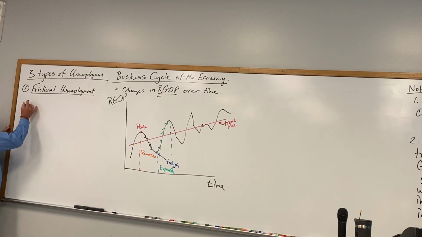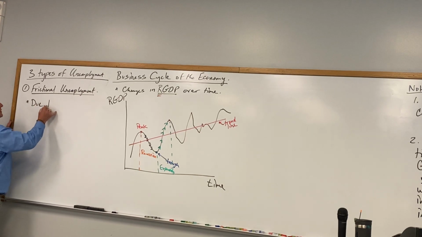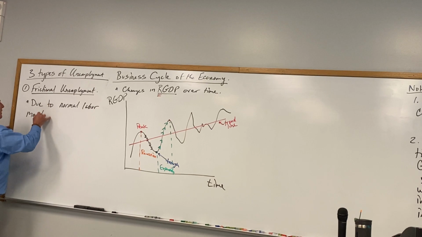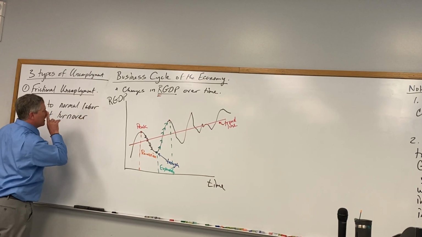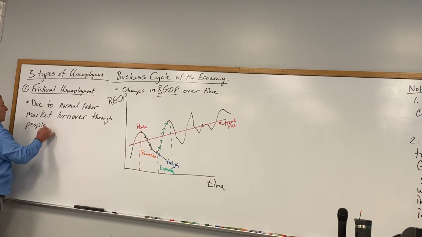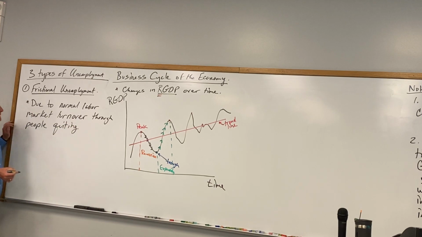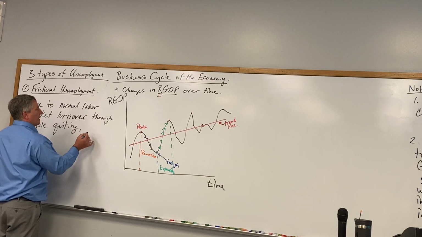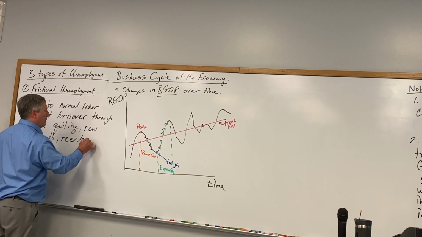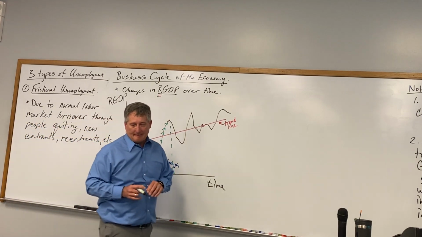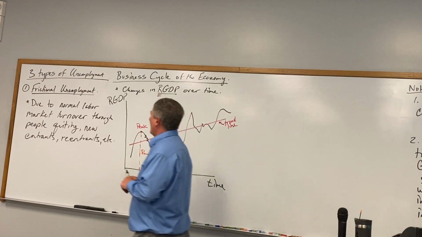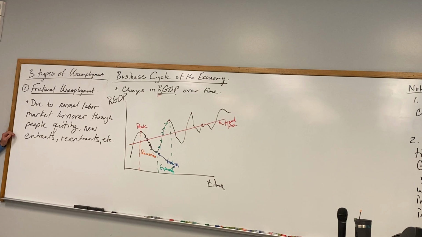Frictional unemployment is unemployment that is due to normal labor market turnover, through people quitting, new entrants, re-entrants, etc. One of the problems is skill matching.